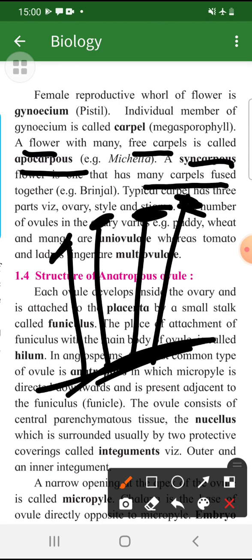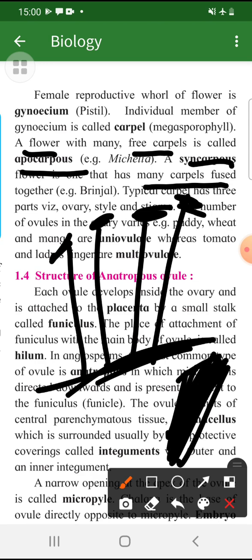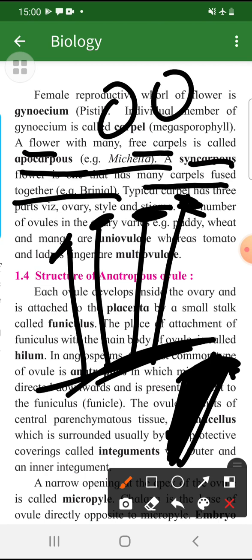When many carpels are together, they are like this, they are fused together. Okay, for example, they are giving example of brinjal. Michelia is not an example which you have visualized, but वो छोटे छोटे berry like fruits बनाते हैं Michelia.